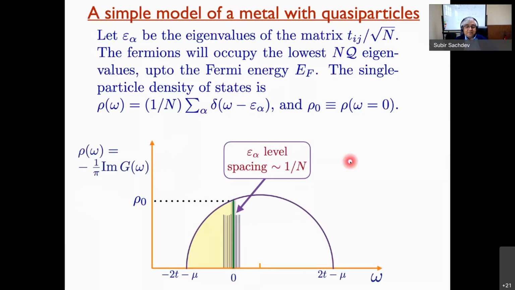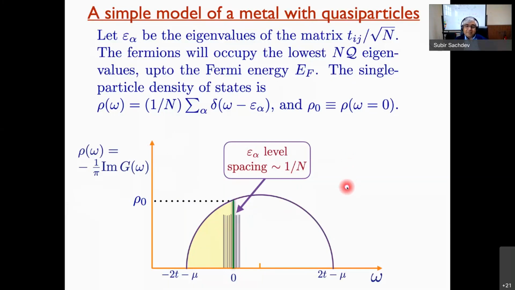Okay, so hopefully that's all very, very familiar. And I should say, this kind of random matrix model, artificial as it sounds, has been very successful in describing experiments on quantum dots and fluctuations of conductance of quantum dots. That was a very exciting, hot field about 15, 20 years ago.